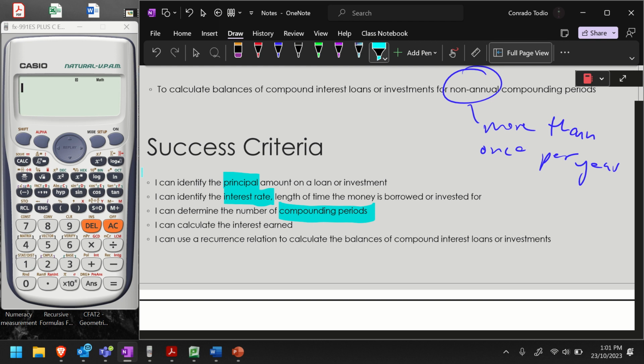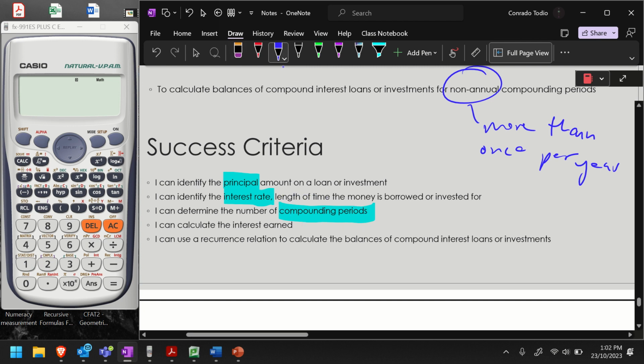Lizzie, how many fortnights are in a year? 26. How many days in a year? Good. How many quarters are in a year? 4. How many thirds are in a year? 3. So all those numbers, 4, 3, 52, 26, are what we refer to as compounding periods.